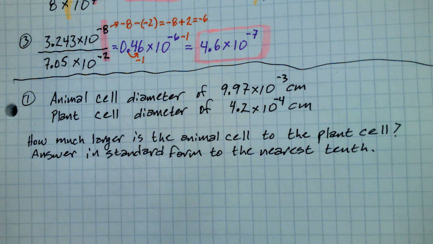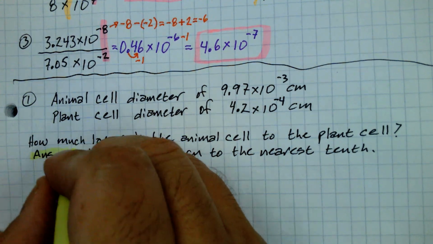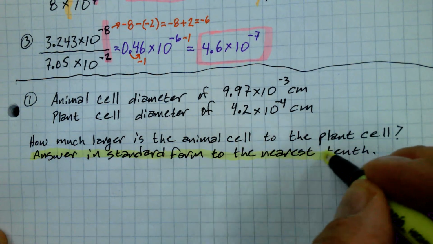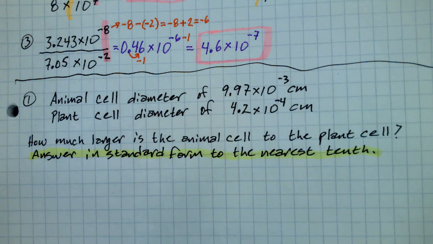We're answering in standard form to the nearest tenth. Normally, we've been spitting out answers in scientific notation, and now we're going to have to convert that SN number to just a regular old number. Okay?